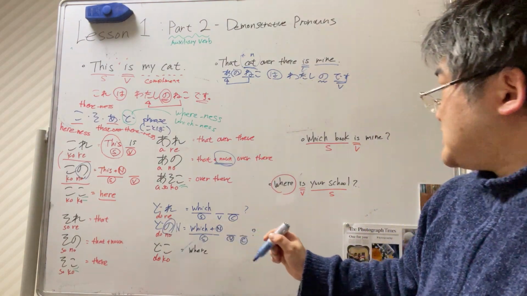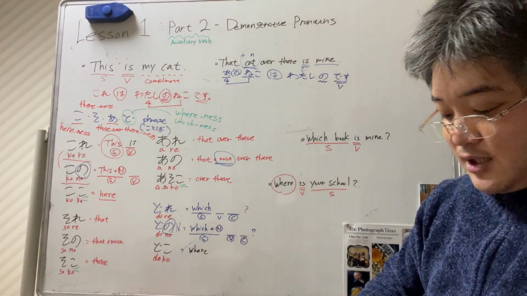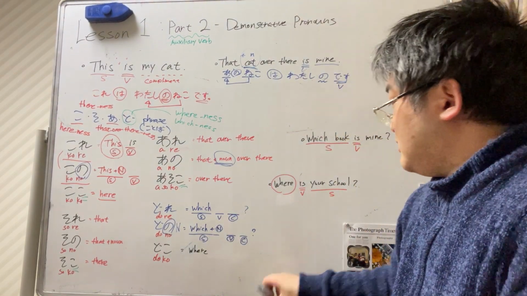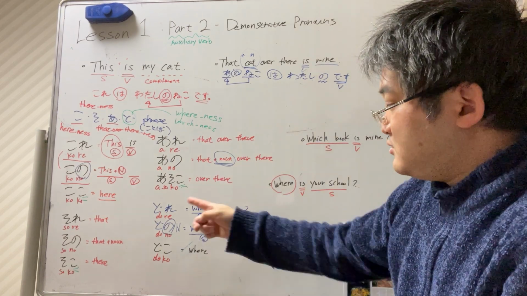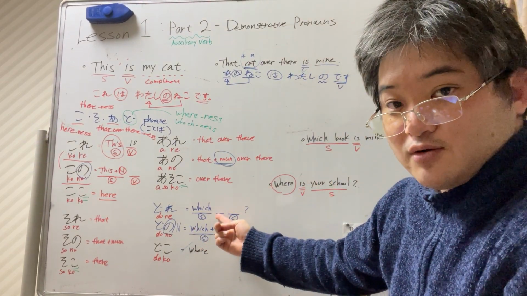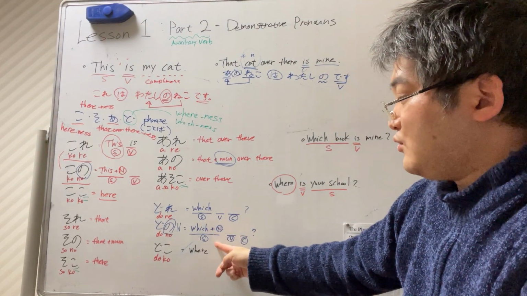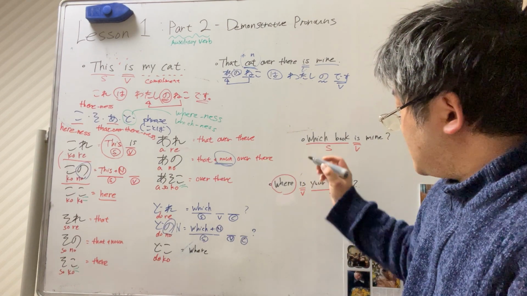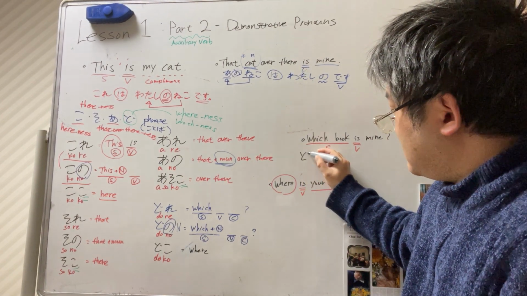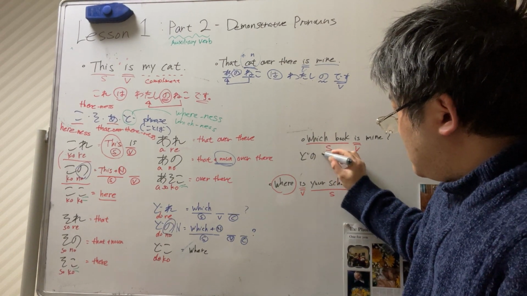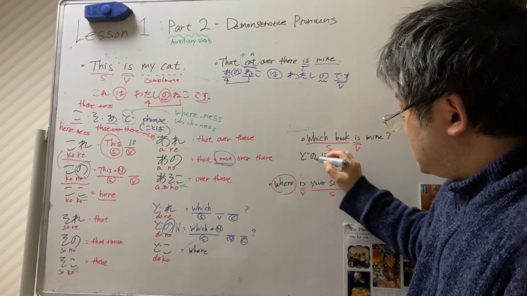So if I want to say which book is mine, instead of saying dore hon, because dore cannot take a noun, and dono is the one that takes a noun, we need to say dono hon.